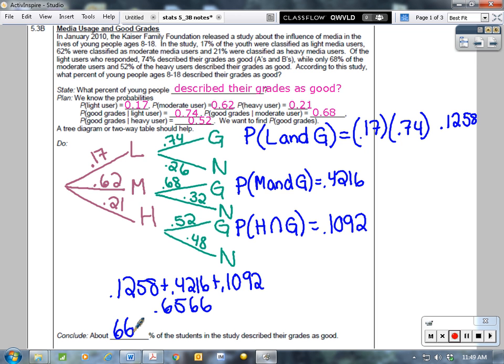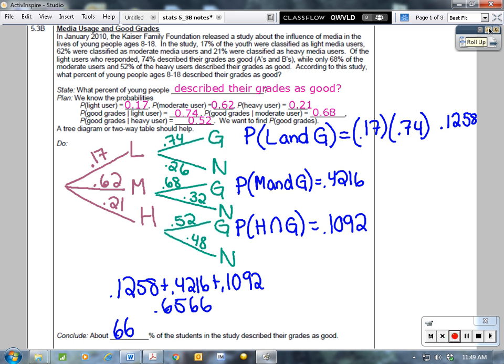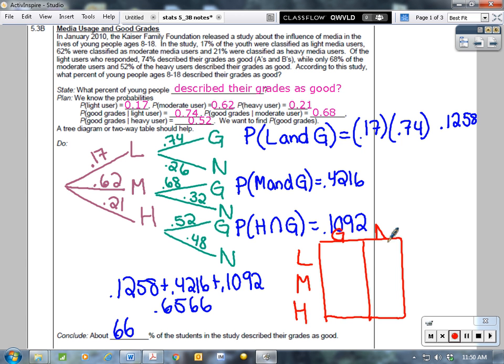So what I want to talk about now is how do we put this in a table? What is our other option? And so we could look at our table as we have light, medium, and heavy users. And then we have the option of good grades and not good grades.